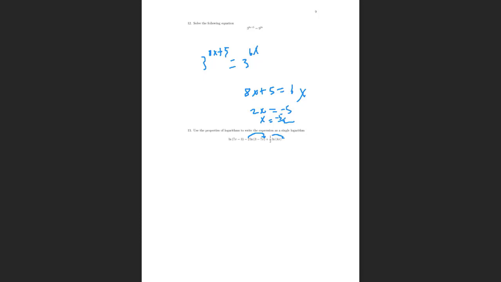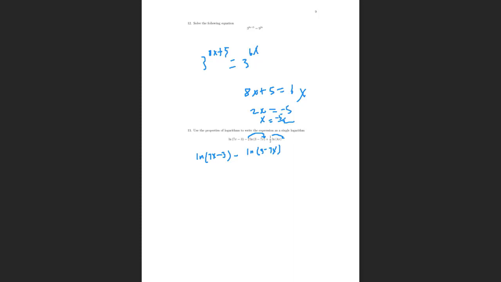Not too bad. So it's just going to be ln 7x minus 3, equals, oh, not equals, my bad. That should be a subtraction sign. Minus ln 3 minus 7x.